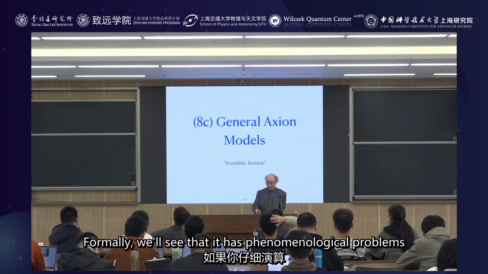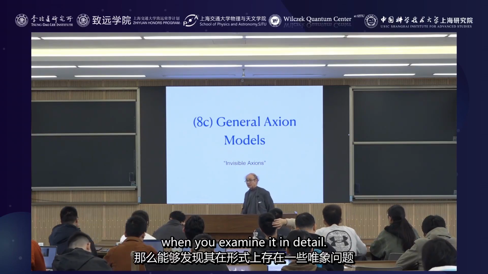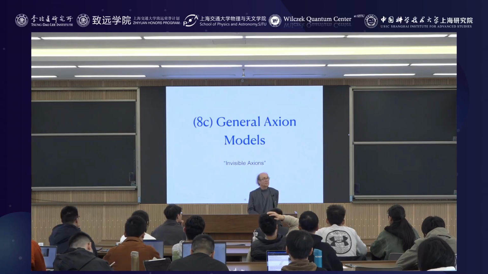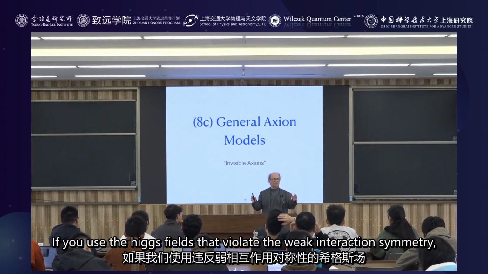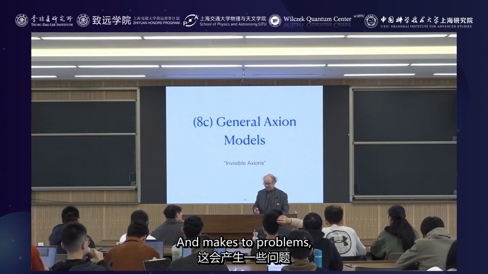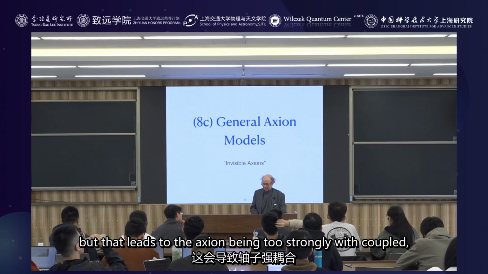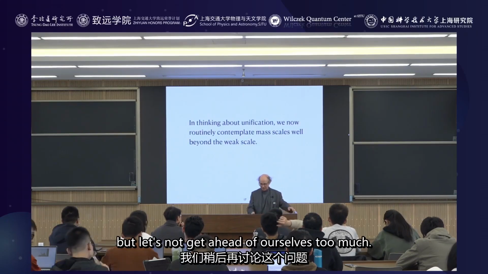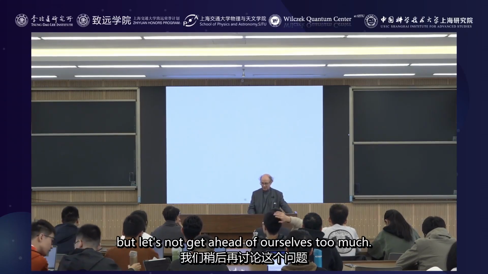We'll see that it has phenomenological problems when you examine it in detail if you use the Higgs fields that violate the weak interaction symmetry. They can't have too large a vacuum expectation value, and that leads to the axion being too strongly coupled. But let's not get ahead of ourselves too much.